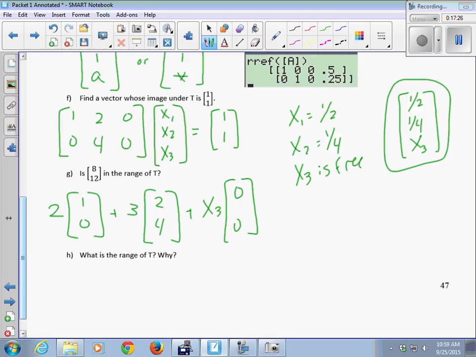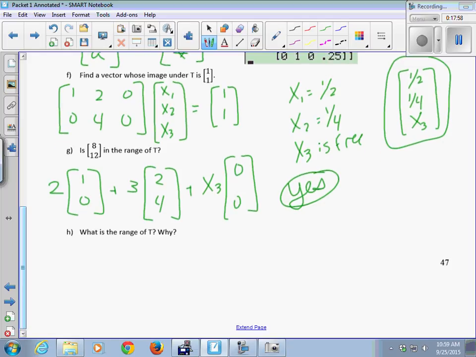So yes, it is definitely in the range because I can get it as an output. If it's not that easy, you do it the same way we did F. You would do an augmented matrix, row reduce, solve. I would not have seen right off the bat what weights to put on those. Somebody was quick. I would have set it up and solved it.